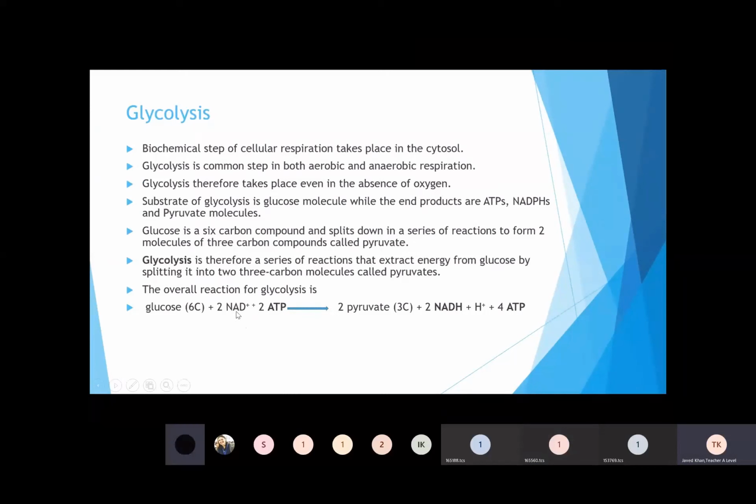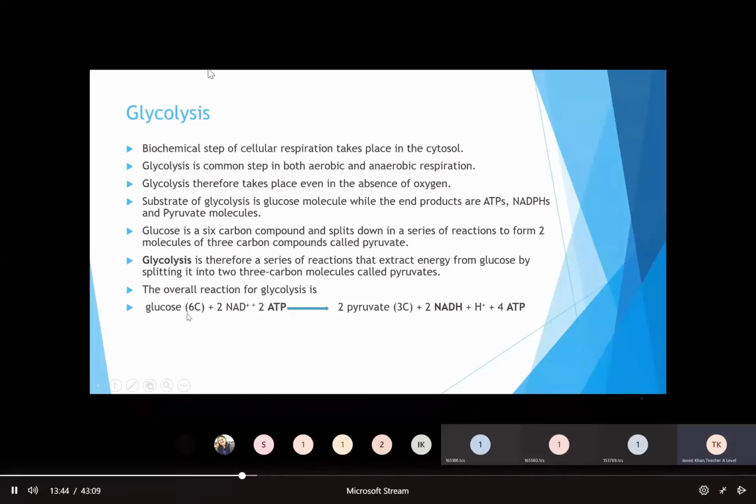And this NAD is hydrogenated because the product is NADH, isn't it? NAD here is in oxidized form already, so it has been reduced to NADH. This hydrogen has been extracted from the glucose. So glucose has been oxidized, I mean dehydrogenated, and the resulting hydrogen has been added.